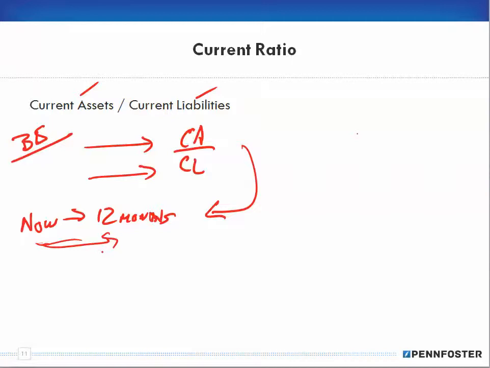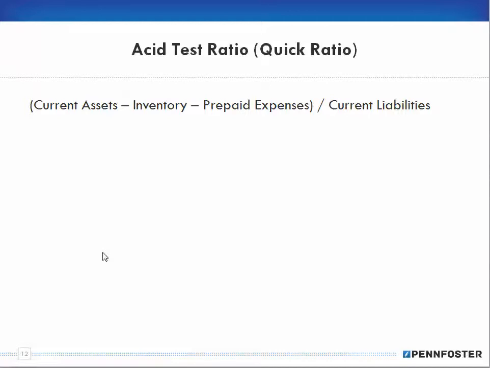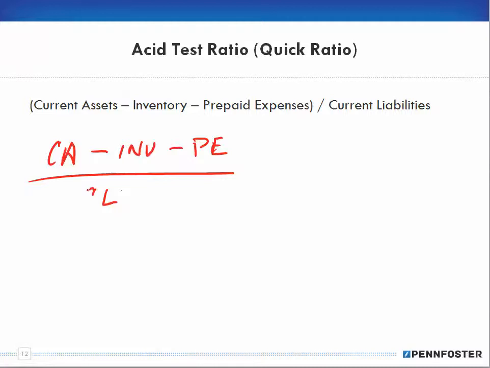The reason why I'm showing you this is because when we look at this next ratio, which is our acid test ratio, or sometimes called our quick ratio, it's very, very similar to the current ratio with an exception, and that exception throws a lot of students off. In the formula, I have current assets minus inventory minus prepaid expenses, all over my current liabilities.